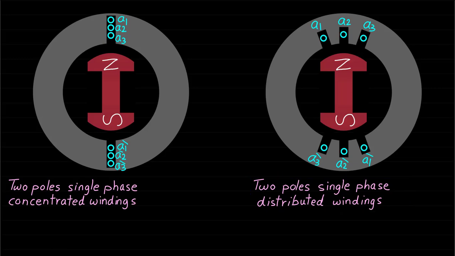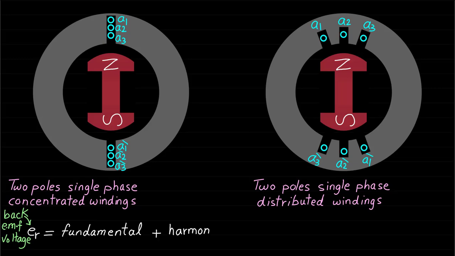Basically, we need to identify and compare the impact of the winding types on the back EMF induced voltage of both machines. In previous lectures, we mentioned that the armature back EMF induced voltage ER consists of fundamental component and harmonic components.